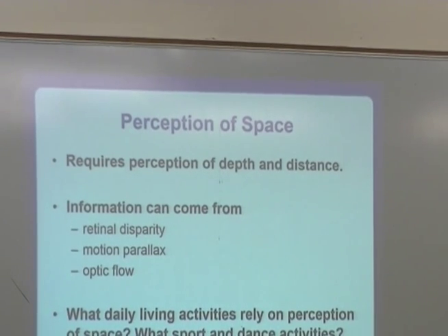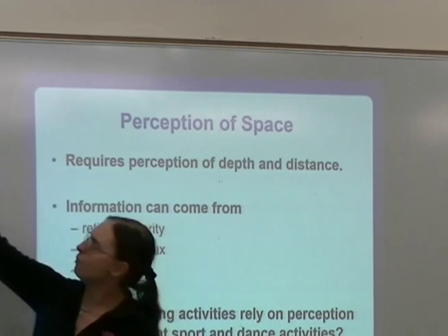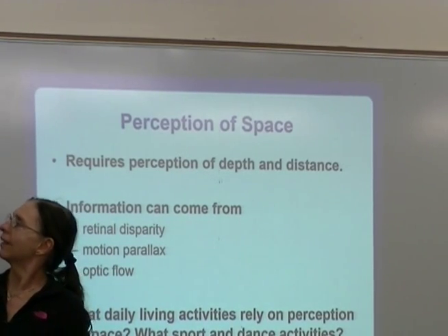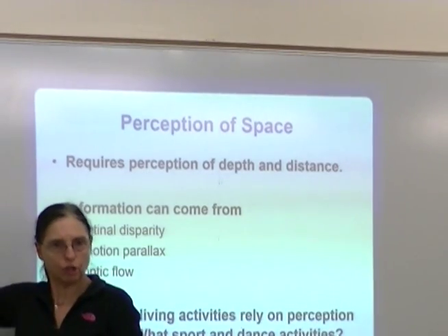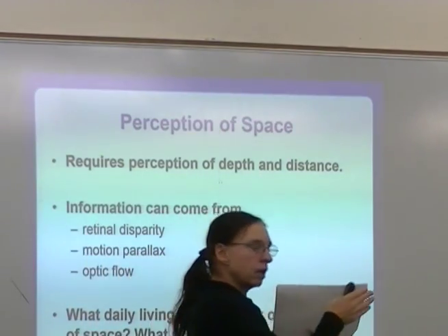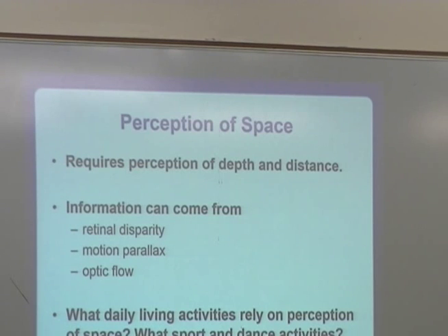Motion parallax is where the object is on my retina. So when the ball moves through the air, the picture on the retina changes. So your brain gets a sequence of stimuli from different retinal cells telling it that the ball is moving across the field of vision.